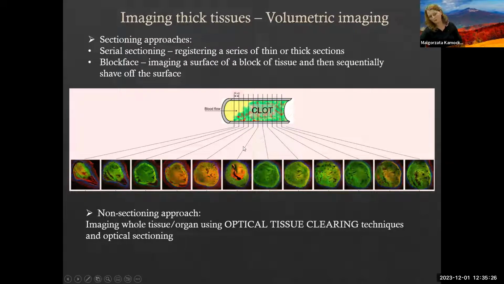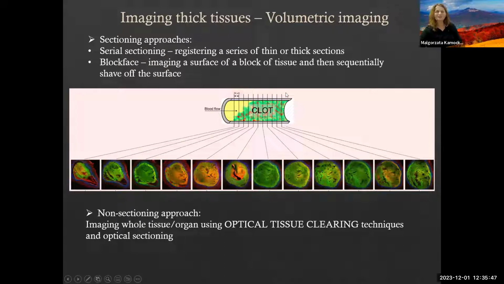So the only approach I could take was to section this artery after a clot was formed and image each of the sections separately. So I thought that having 30 micron sections would be a good idea, because this is the volume which I can quite easily image in confocal microscopy.